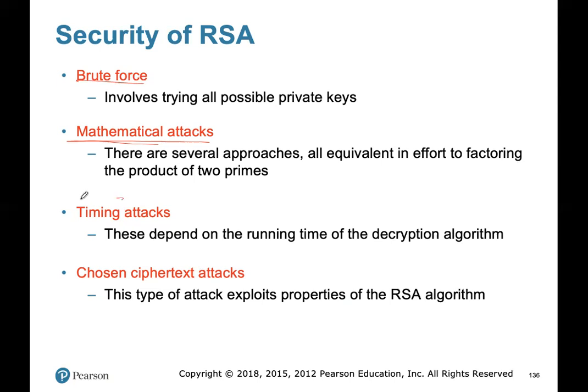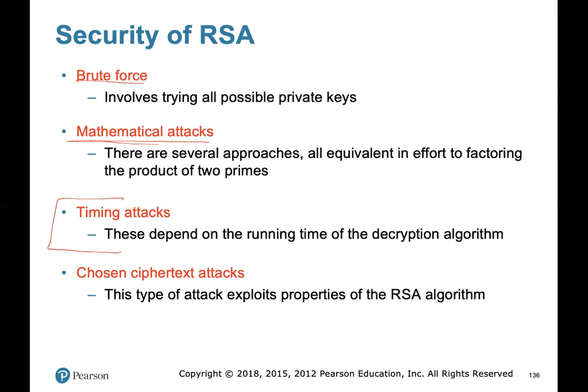Another class of attack that I will talk about, and I'll give you at least one example, is called a timing attack, in which people try to use side information to attack the algorithm. A timing attack looks at the execution time of the algorithms, and by looking at the execution time, the attacker tries to get some information and make guesses that are very close to the real numbers we use.